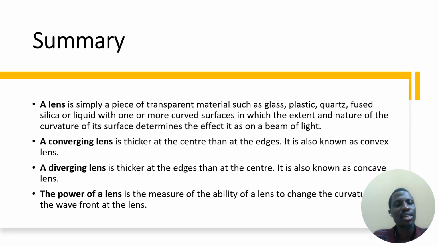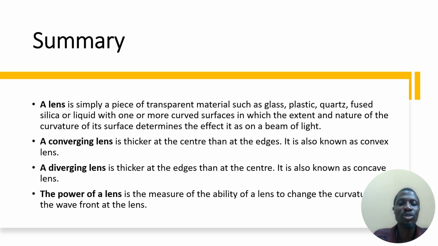In summary, we have learned today what a lens is, and we have defined it as simply a piece of transparent material such as glass, plastic, quartz, fused silica, or liquid with one or more curved surfaces in which the extent and nature of the curvature of the surface determines the effect it has on a beam of light. We equally stated that we have two types of lenses, which are converging and diverging lenses.